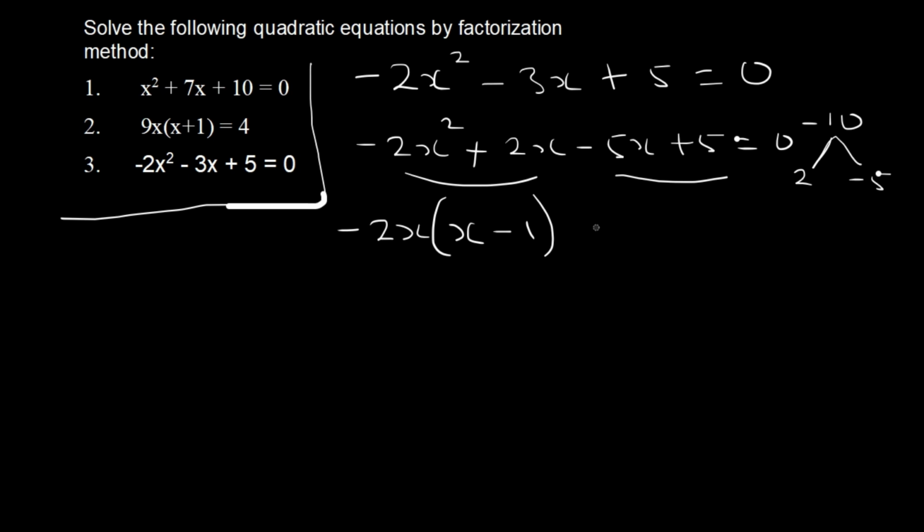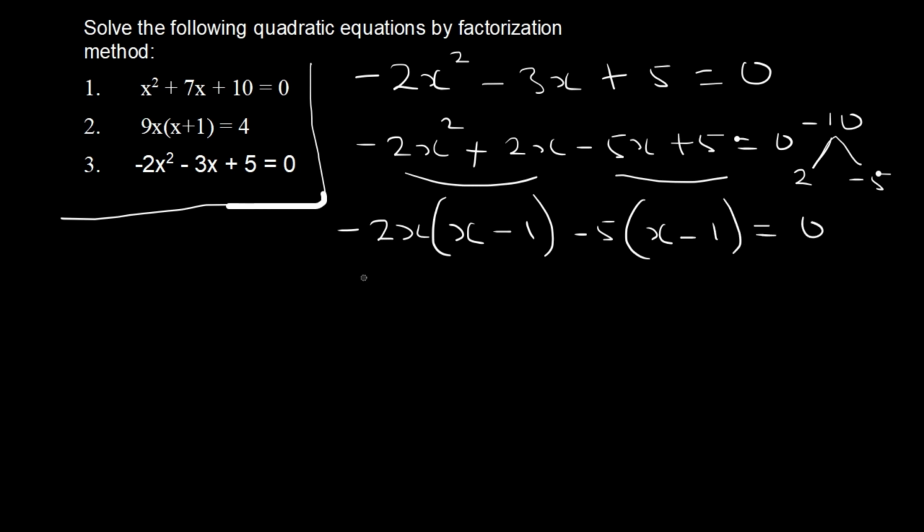Minus 5x plus 5, we'll have minus 5 common. And if we divide minus 5x by minus 5, the two negative signs will cancel out, 5 will cancel out and we'll be left with just x. And 5, which is a positive number, divided by a negative 5, will have a negative value, that's minus 1.